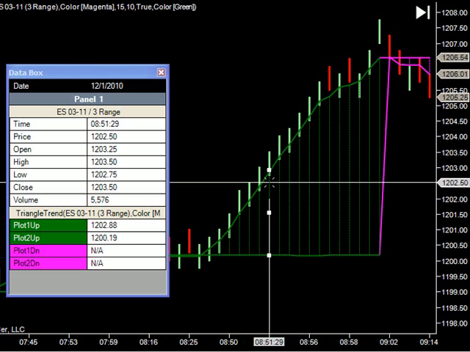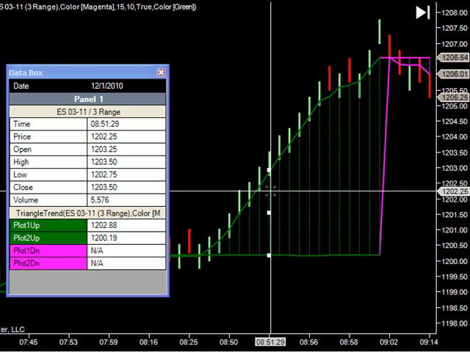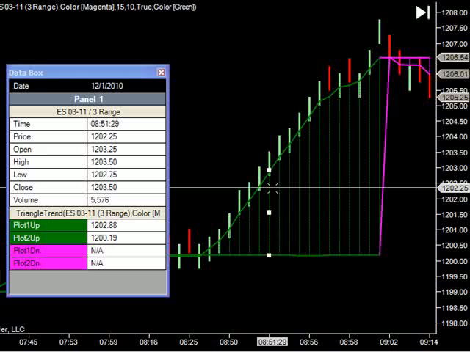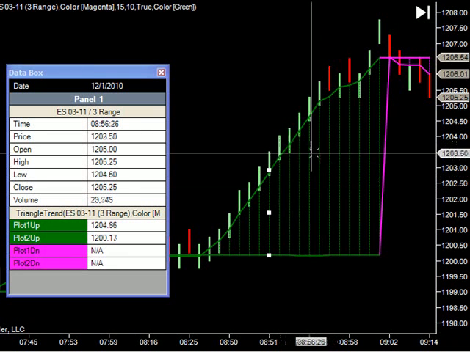And if we subtract 0.75, which is the height of each bar, from the 1202.88, which is the level of the hypotenuse of the triangle right at this point, we can put a trailing stop then at 1202.13, and this will keep us as close as humanly possible to the equity, yet leave the equity room to breathe and keep us from getting stopped out prematurely on this very nice trend right in through here.